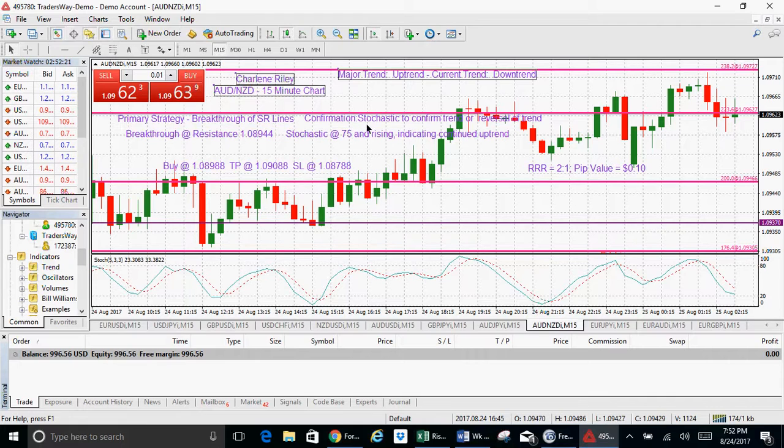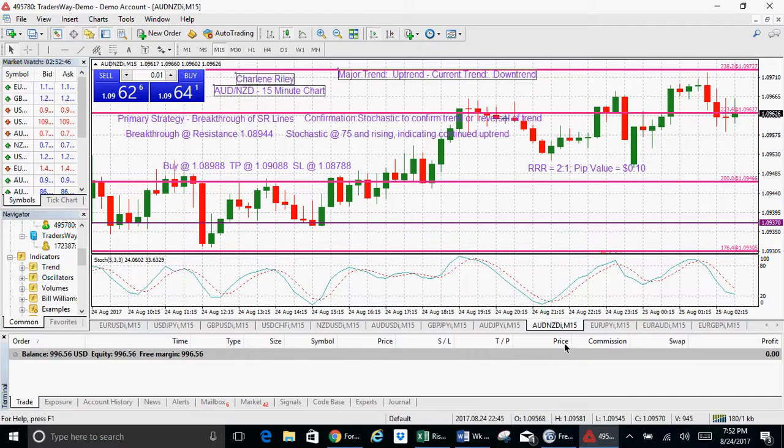I primarily use the stochastic oscillator to confirm the trend or reversal of the trend. And I also use market volume or candlesticks and candlestick patterns as confirmation as well.